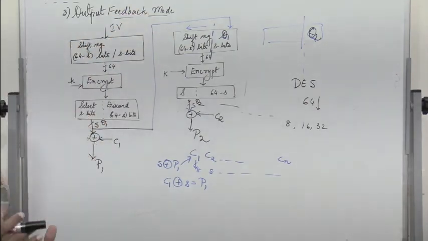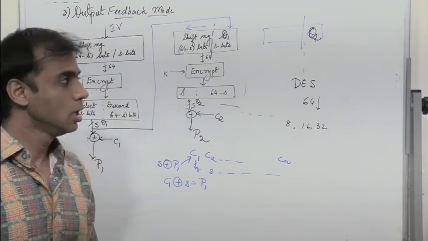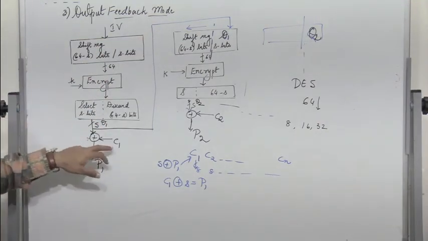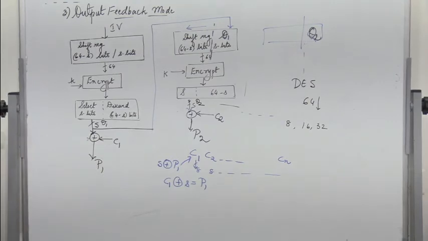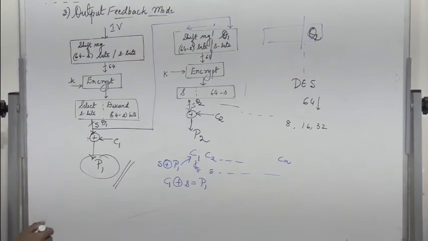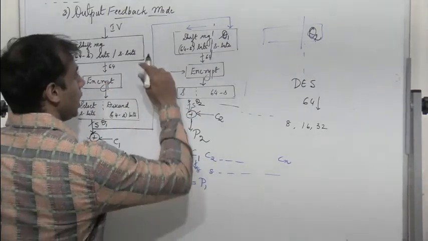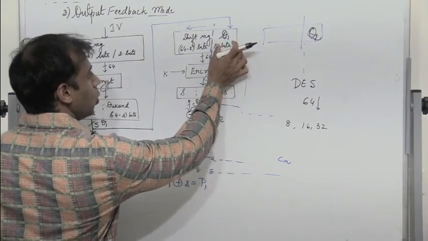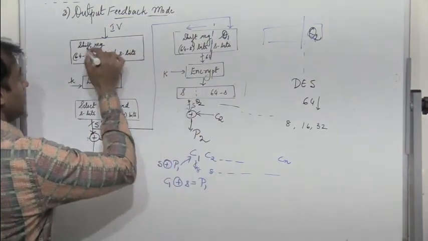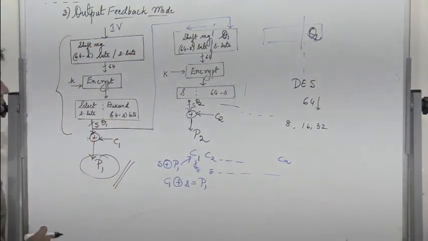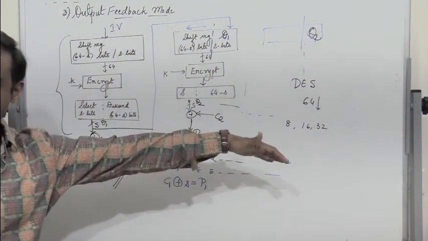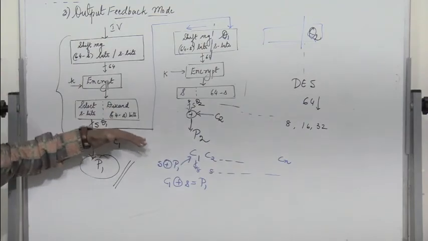In order to avoid this propagation of error, we go in for output feedback mode. If C1 is in error, only P1 would be in error, because in the next stage we are placing O1. The encryption of the initialization vector is performed at the destination stage, so there is no error obtained.